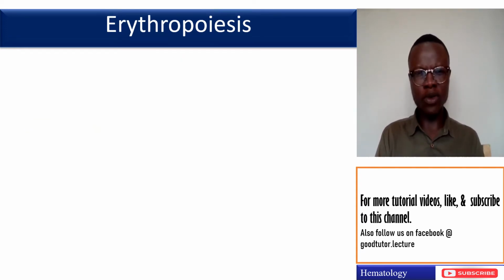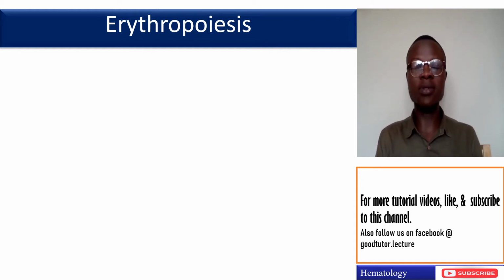All right, before looking at the primary event that occurs in the red bone marrow for the formation of red blood cells, let us take a few steps back and look at some hypothetical situations that might lead to that entire process.